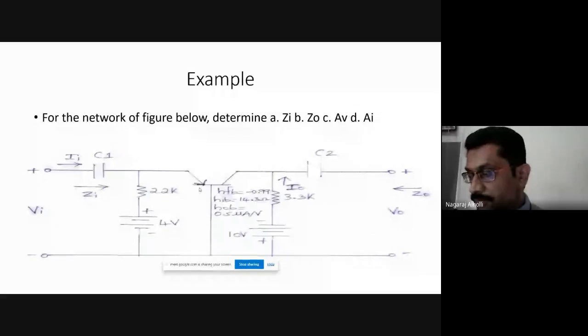Can anybody tell me the answer? How much are you getting? Minus of minus 0.99 into 3.3K, the whole divided by 14.21. What is the answer? How much are you getting, students?